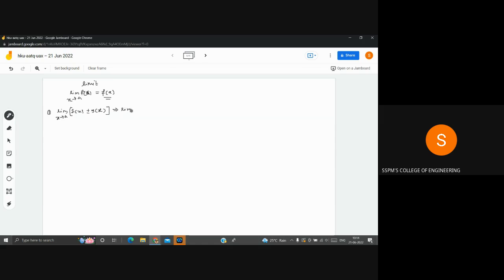That is, the limit of f of x as x tends to a plus or minus the limit of g of x as x tends to a.